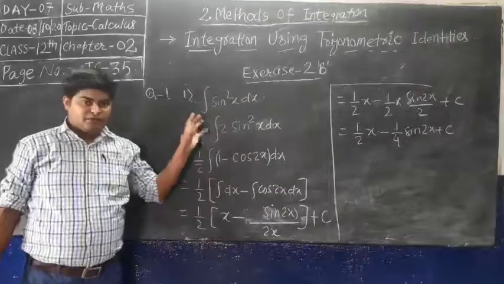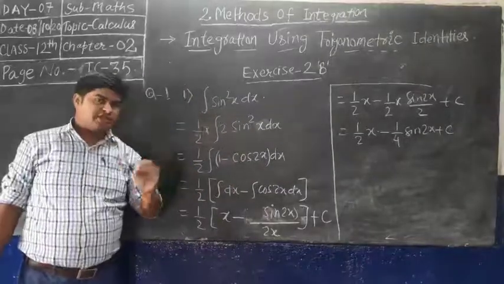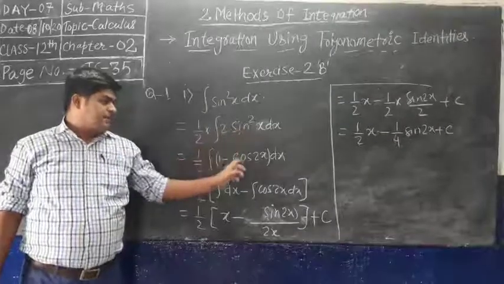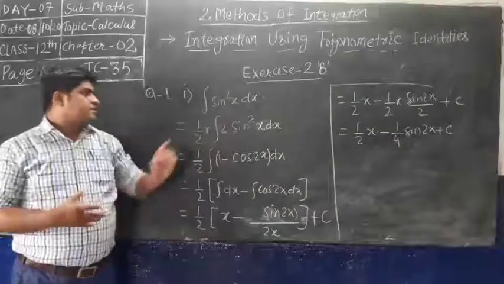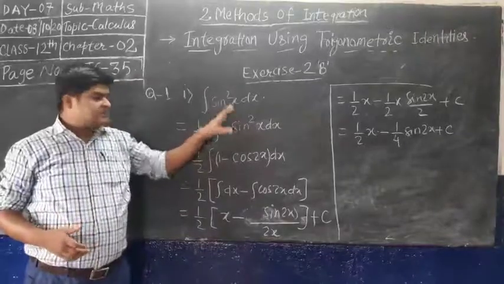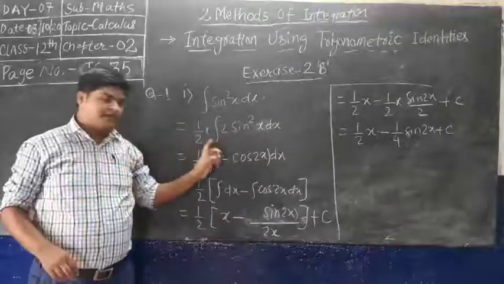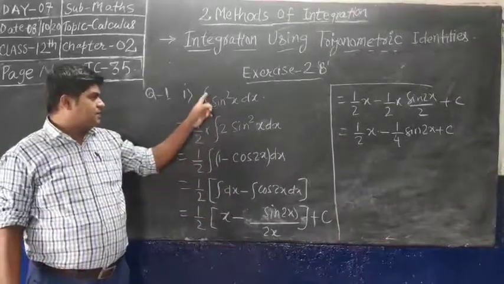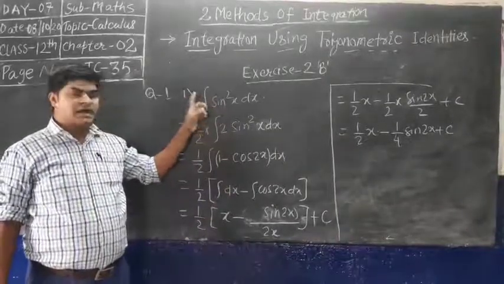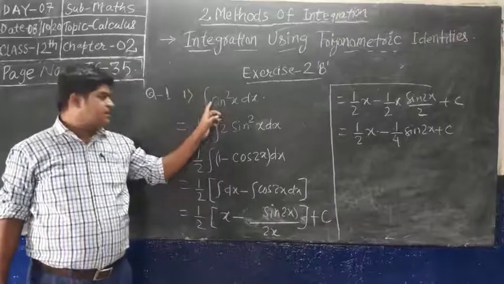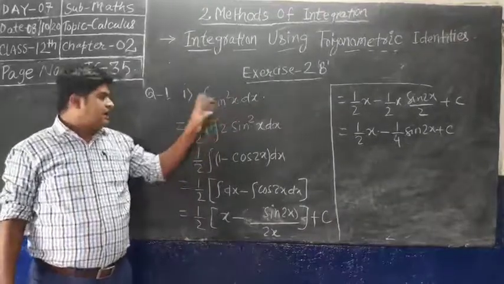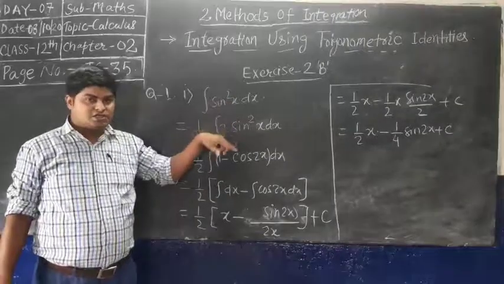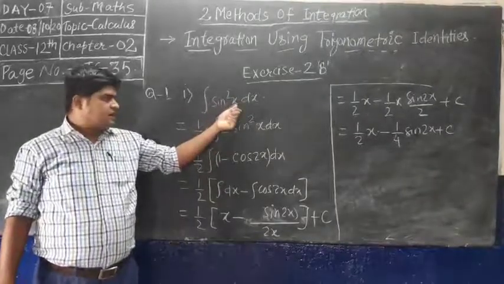And you know the formula: 2 sin square x by 2 is equal to 1 minus cos x. Here we have sin square x, that means you will multiply and divide by 2, then it becomes 2 sin square x, and the formula becomes 2 sin square x is equal to 1 minus cos 2x, twice of the angle.